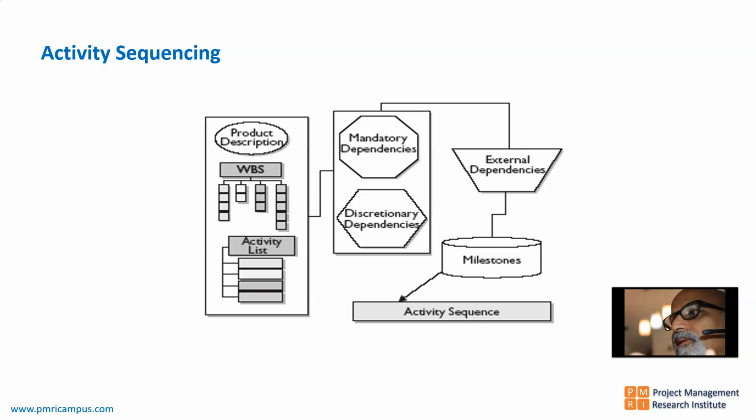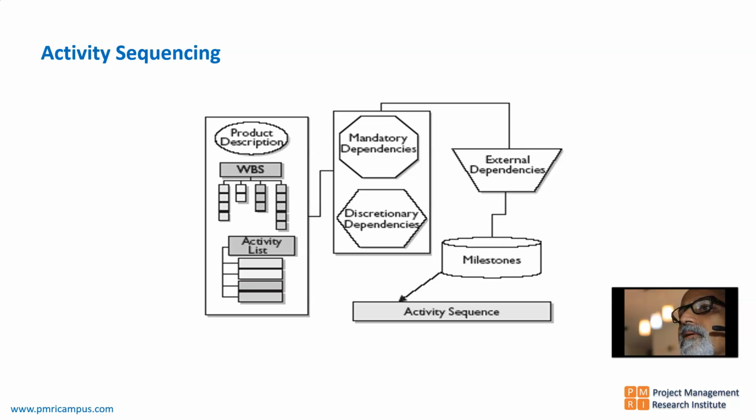As a project manager, sometimes I can decide whether I should do 100% testing of the product or whether I can do only a random testing. That is at the project manager's discretion. That is an example for discretionary internal dependency.